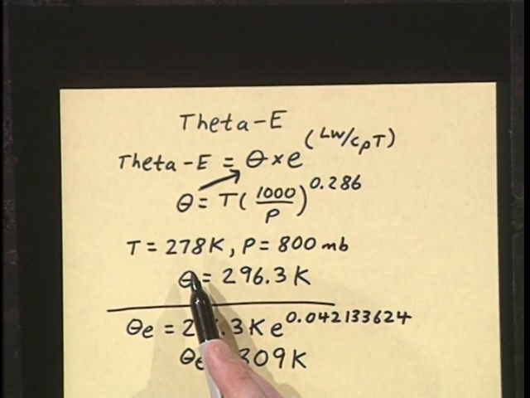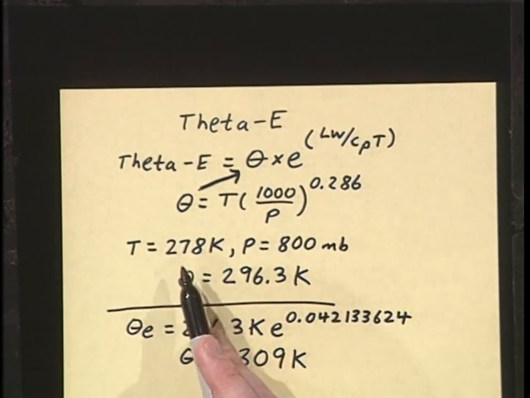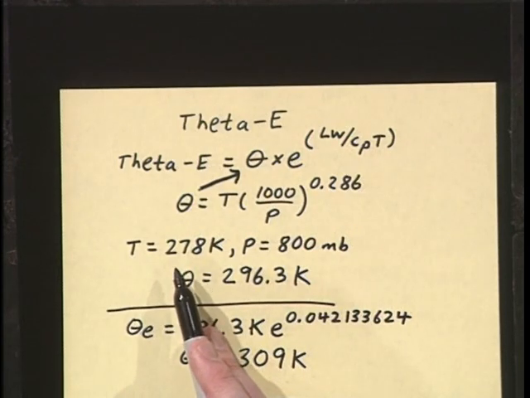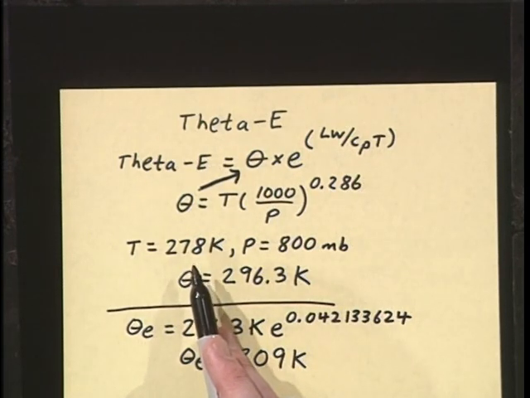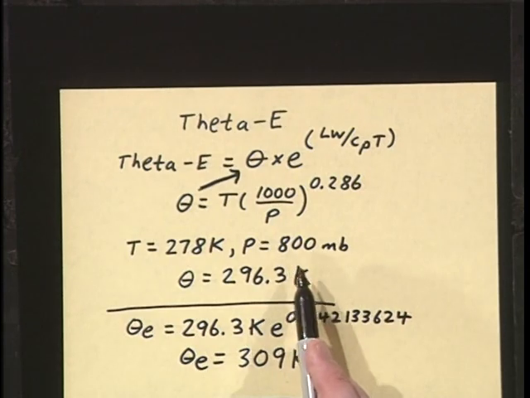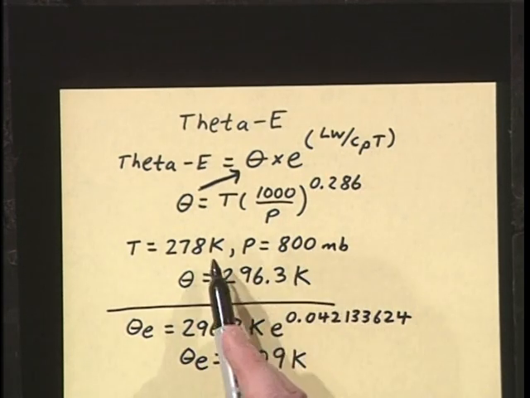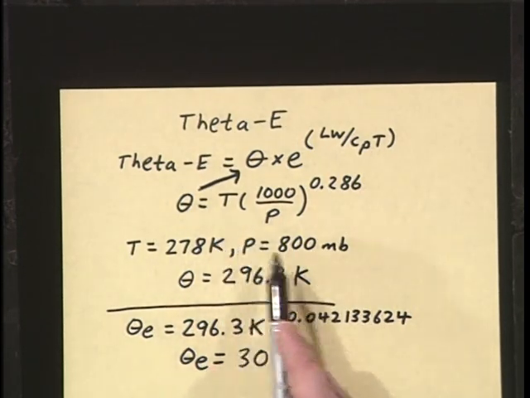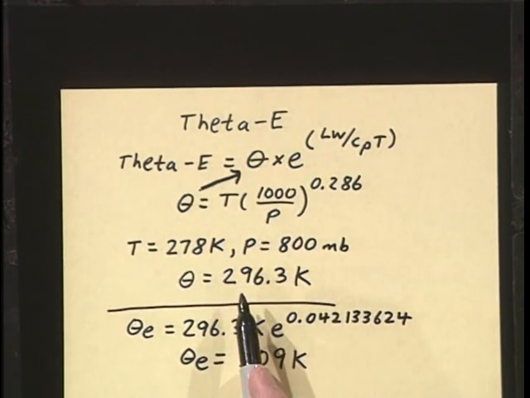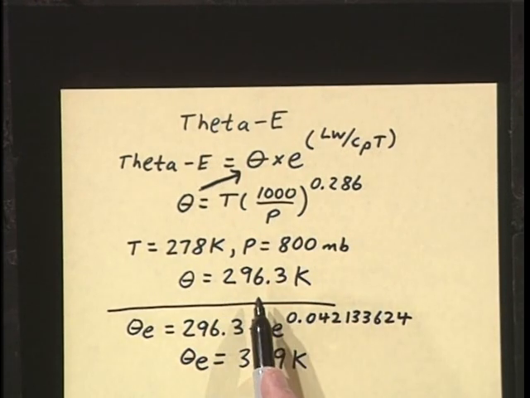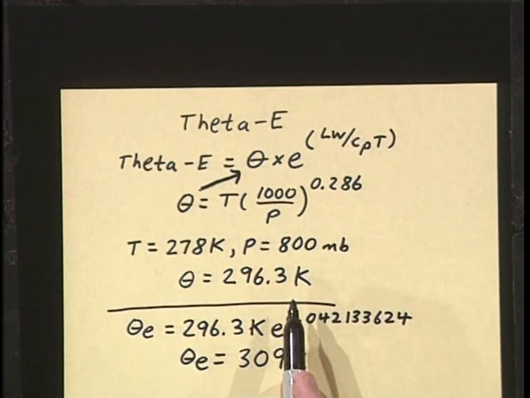So our temperature is 278. So it was 5 Celsius. We added 273 to that to get 278. Our pressure is 800 millibars. So when we plug these two values into this equation, we get a potential temperature of 296.3 Kelvin.